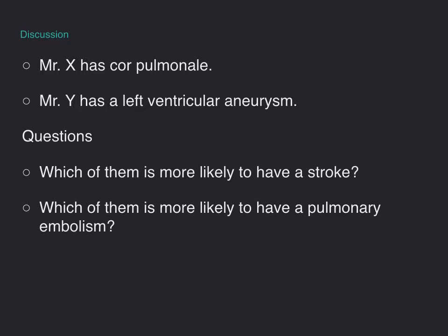So it's not that we're saying that TPA is going to be infused the second this person comes into the emergency room, but it's going to be important to get this diagnosis and get them into MRI so that we can determine that a stroke is happening and what type of stroke is happening.